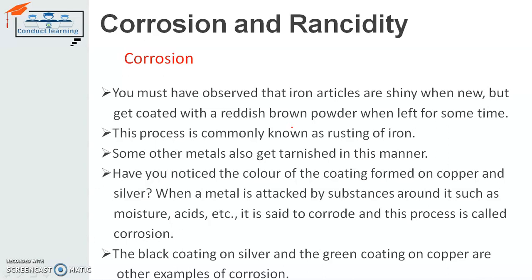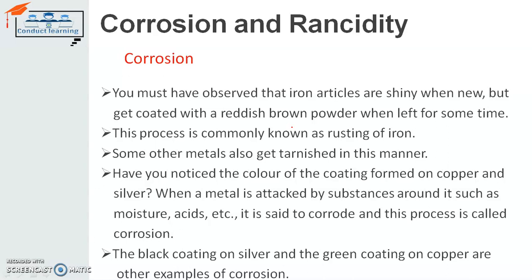This is basically the rusting of iron. What is the rusting of iron? For iron, we simply say rusting, but for another metal, we say it is corrosion. The rusting of iron is nothing but the oxidation of iron, right? This is the oxidation of iron.